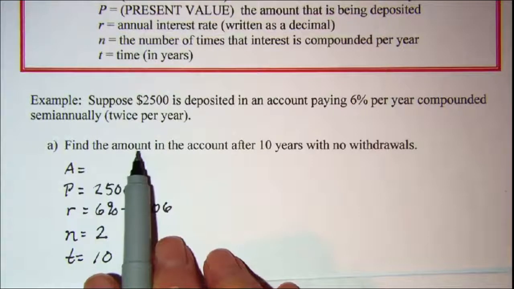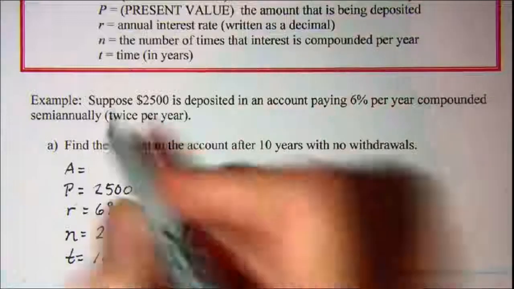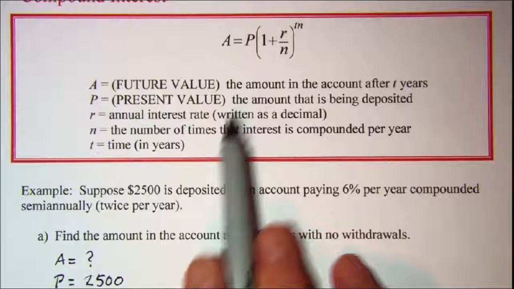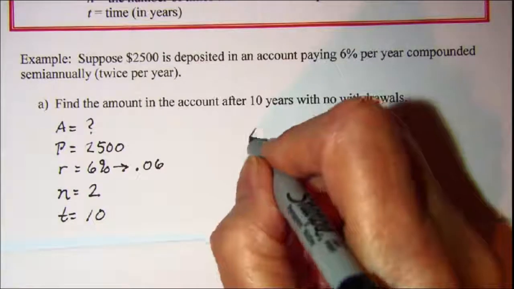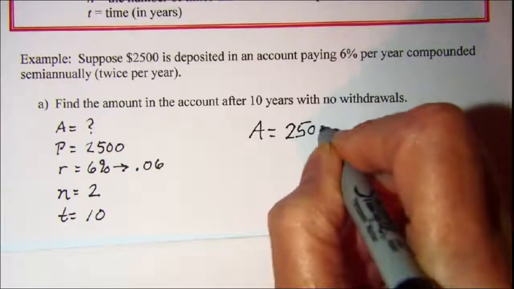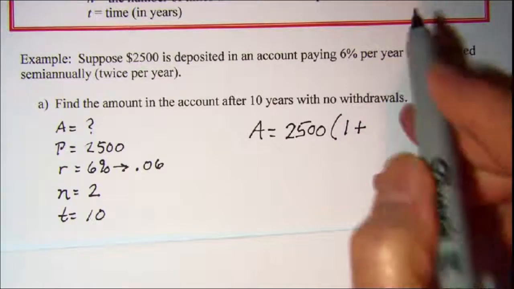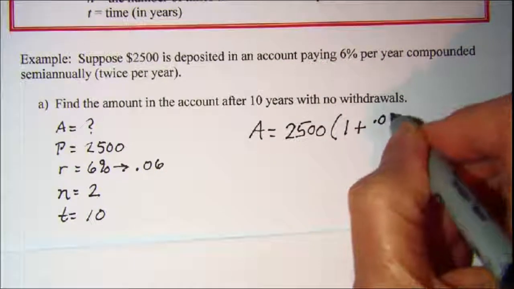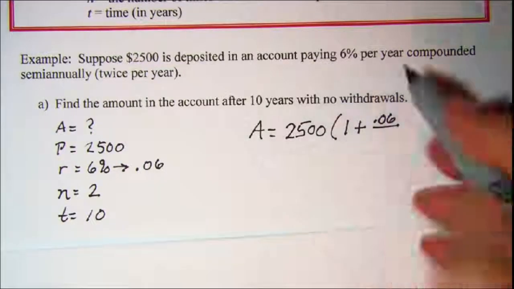Since we're asked to find the future value, or the amount in the account after 10 years, A is what we're looking for. So when we put our values into this formula, we have A equals P, which is 2,500, times the quantity 1 plus R, which is 6%, so we write 0.06, divided by N, which is 2.